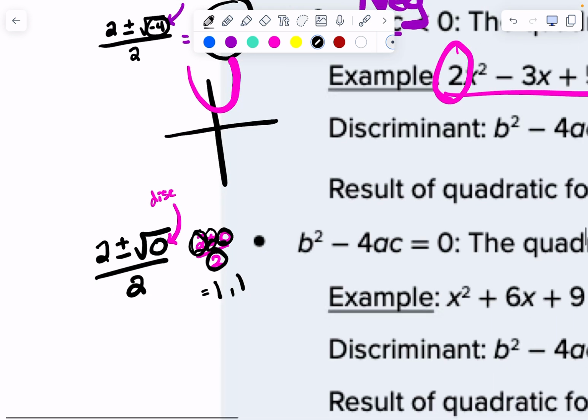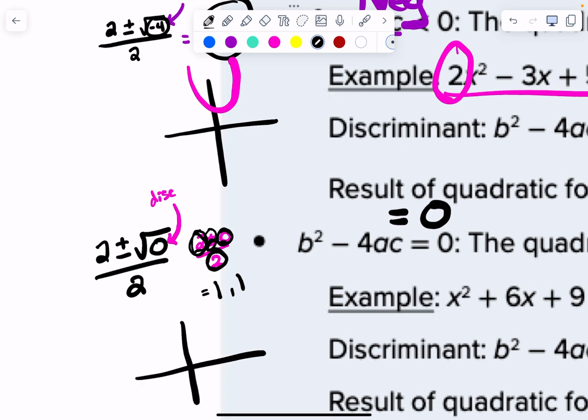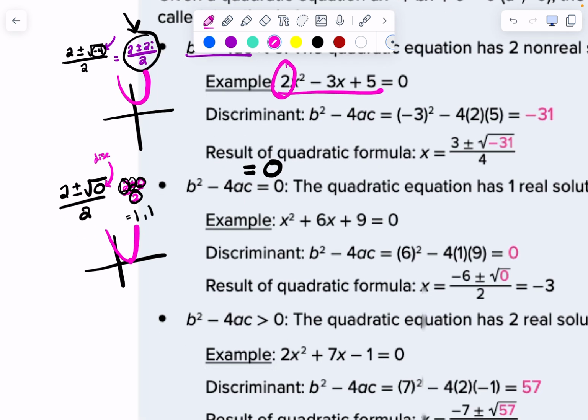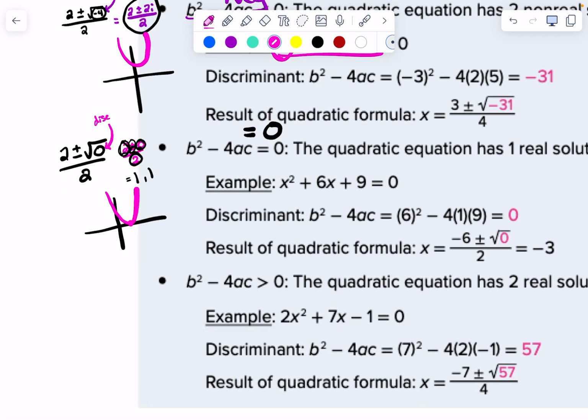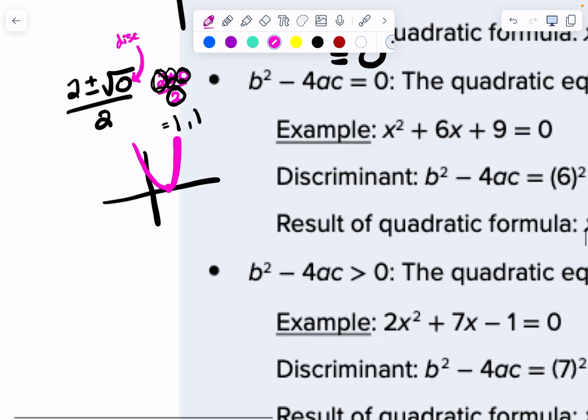So when he is equal to 0, he has only one place he intersects, and here it is at 1, right there. So when your discriminant is 0, he's only going to touch at one place. He's only going to have one solution. Got it? Last one. I'm doing the same equation every time, but I'm just switching out the discriminant.